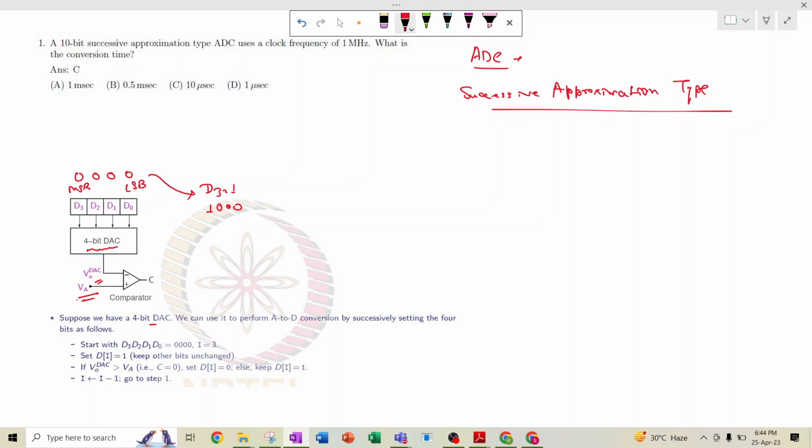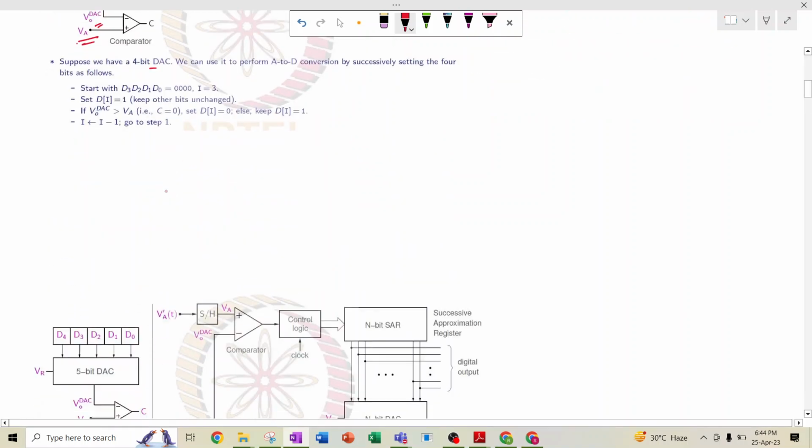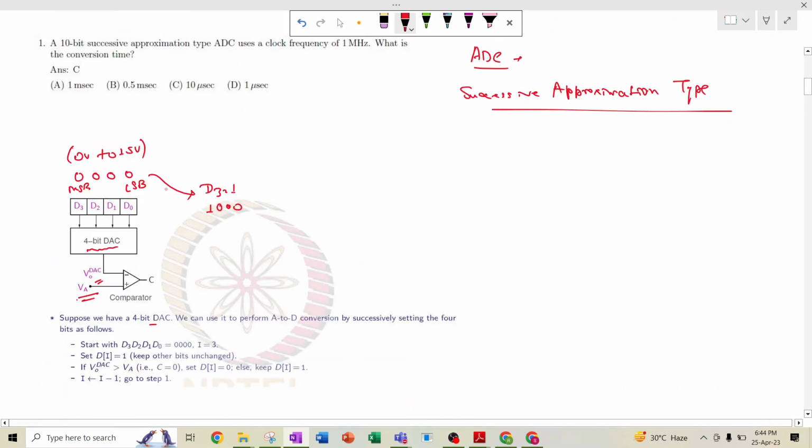Suppose this ADC can detect from 0 volt to 15 volt. Now how will it detect? Suppose the signal VA is 9.5 volt.